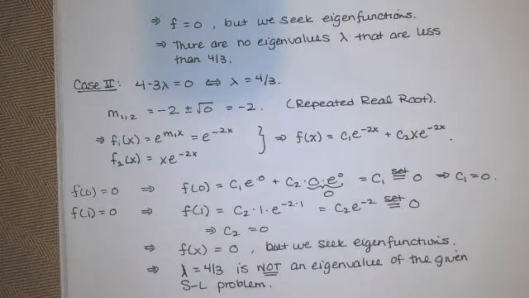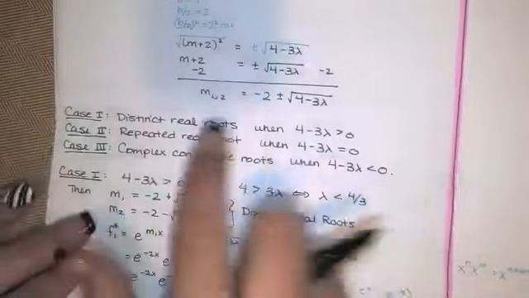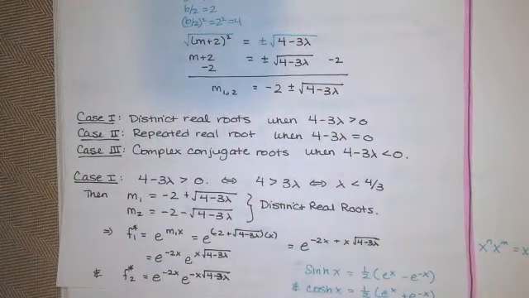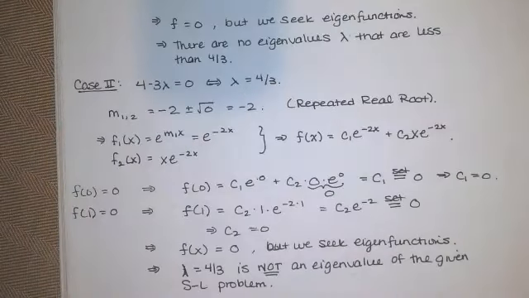All right, so we had the distinct real roots case, we've got the repeated real root case, and now we're going to look at the complex conjugate root case. If 4 minus 3 lambda is negative, then if we multiply both sides by -1, we'll have 3 lambda minus 4.